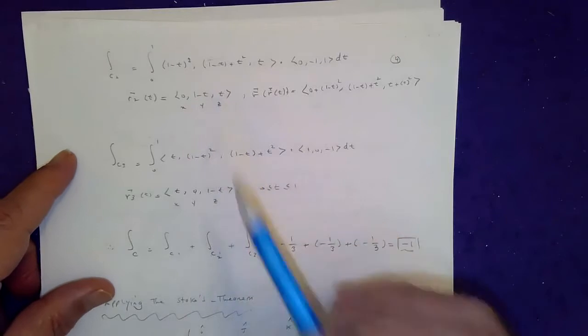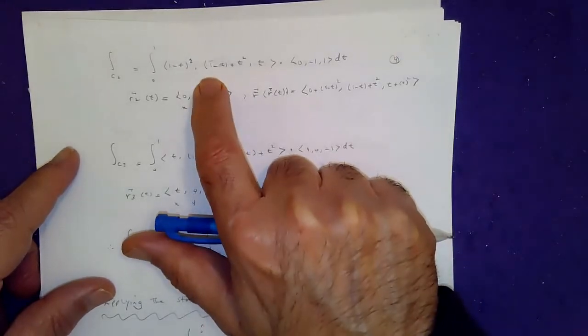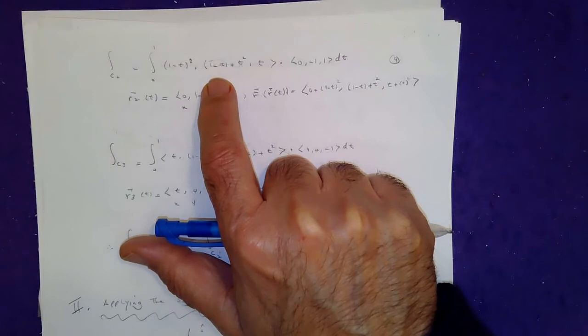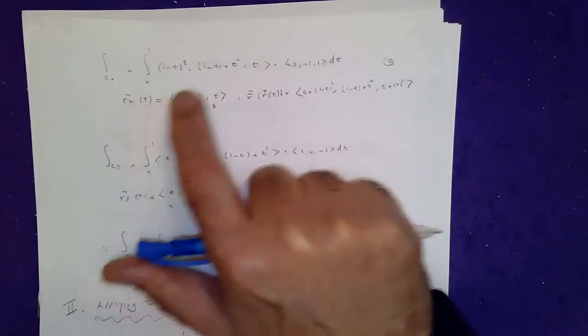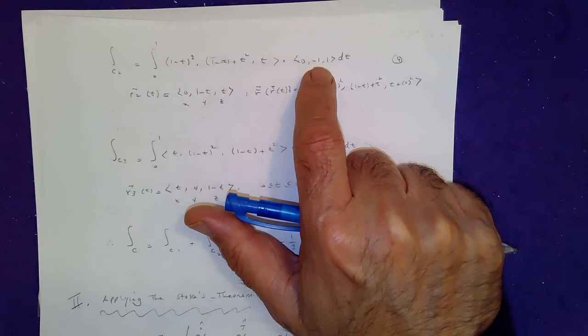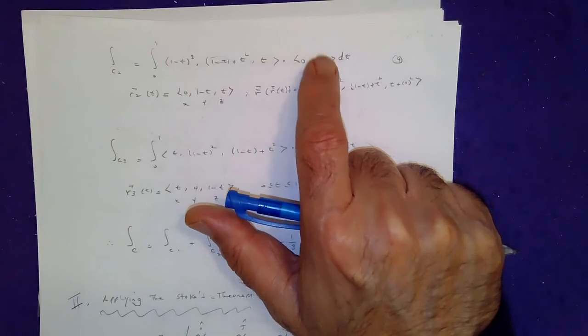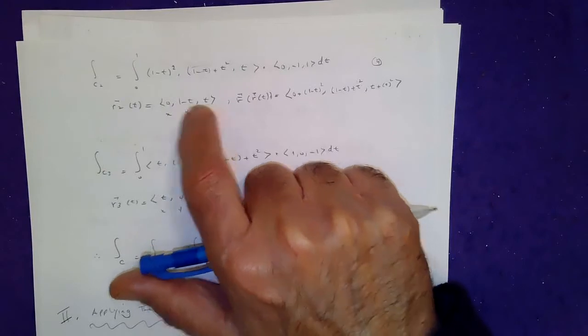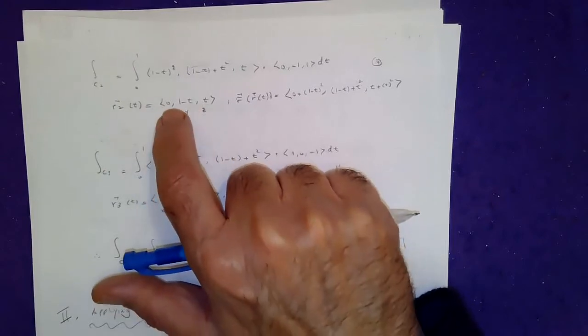There it is. Remember, you have to express the vector field in terms of the components of the curve, like in this case for C2, dotted with dr. This is the dr displacement. Remember, r2 was (0, 1 - t, t), so dr is (0, -1, 1) dt.